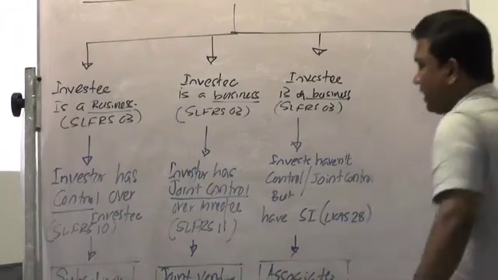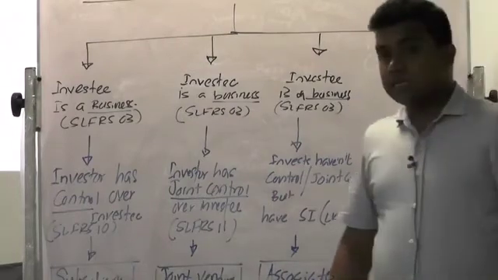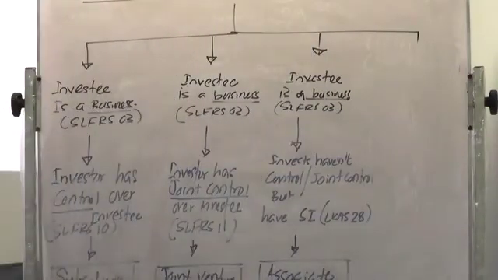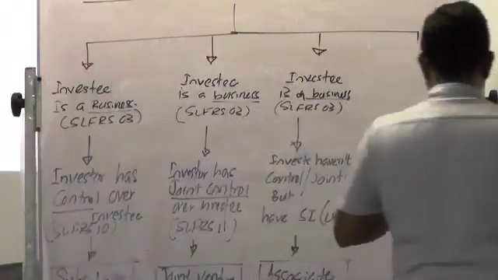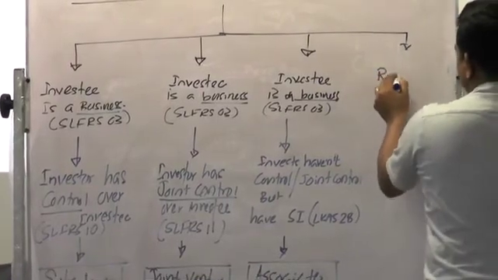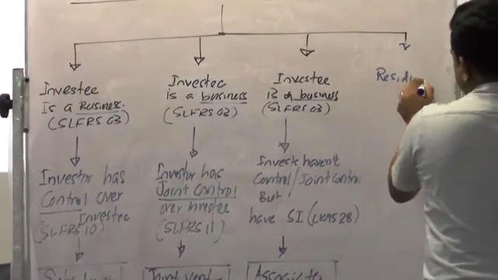All these three companies are considered for business consolidation. Is that clear? Therefore, investment on equity is not always a financial asset. Financial asset will be only the residual, that is other.